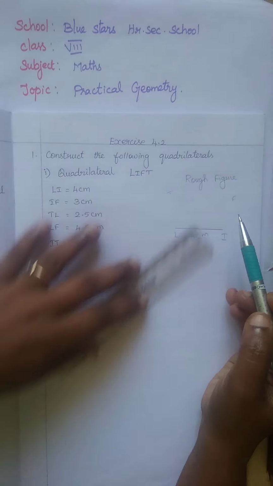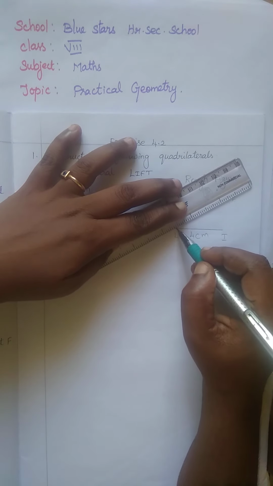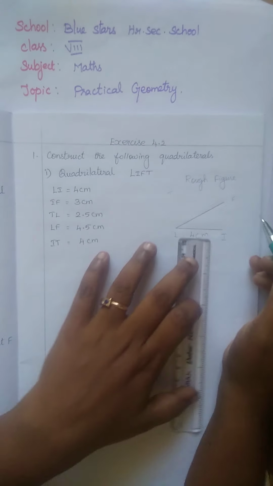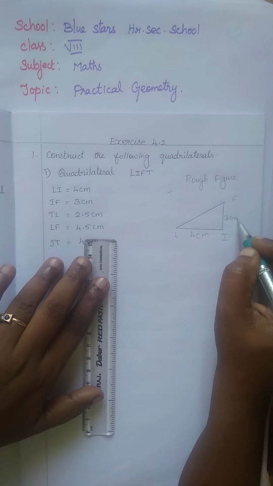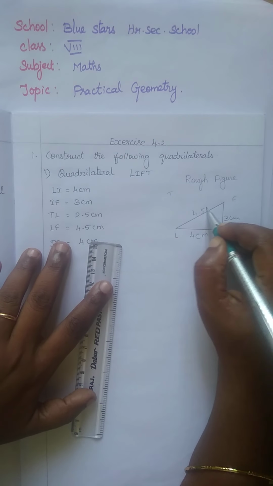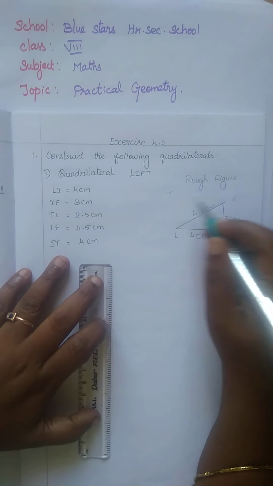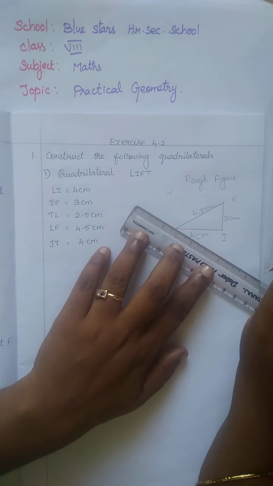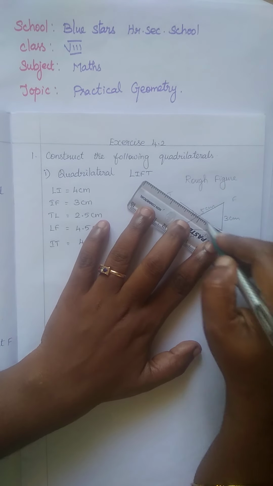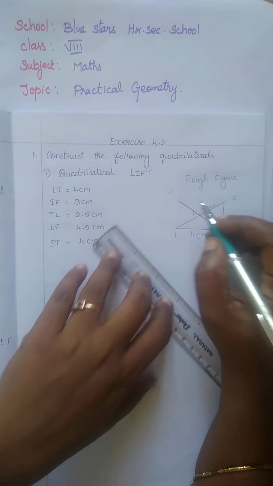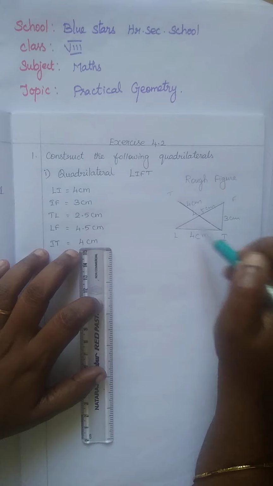So draw a diagonal. IF is 3 centimeter. LF is 4.5 centimeter. Now IT. Where is IT? This is also a diagonal. IT is 4 centimeter.